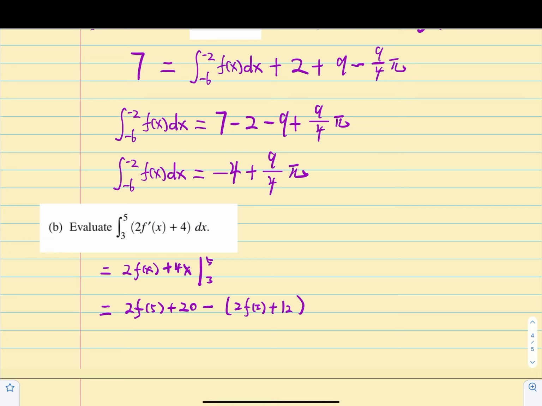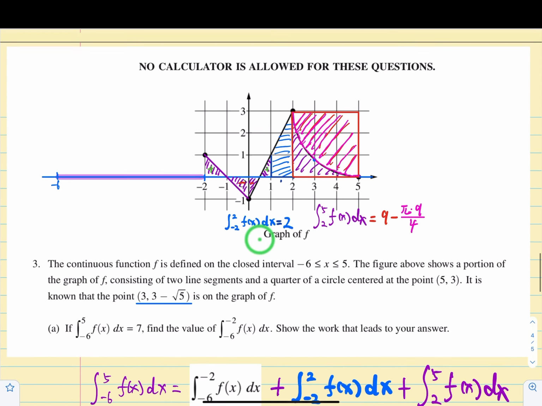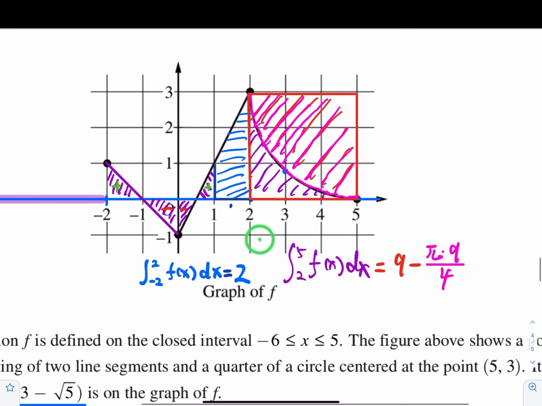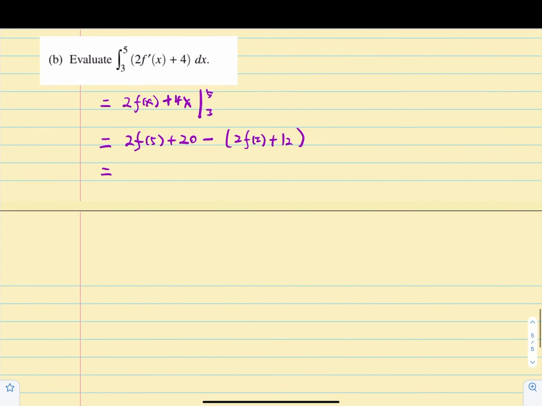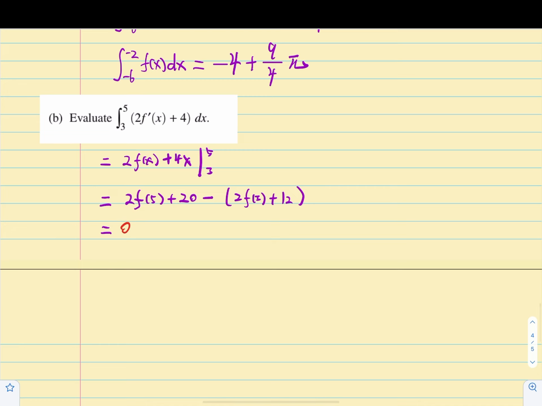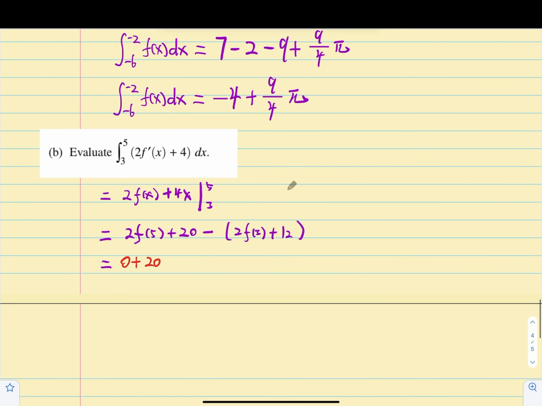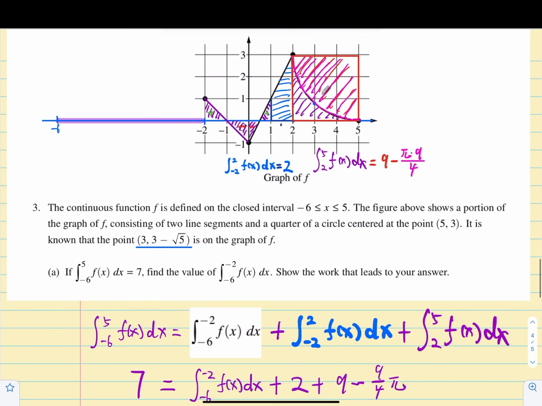So we got 2 of f of 5, let's check. This is f(x), and f of 5 is 0. So 2 multiplied with 0, we got 0. Plus 20 minus 2 multiplied with f(3).